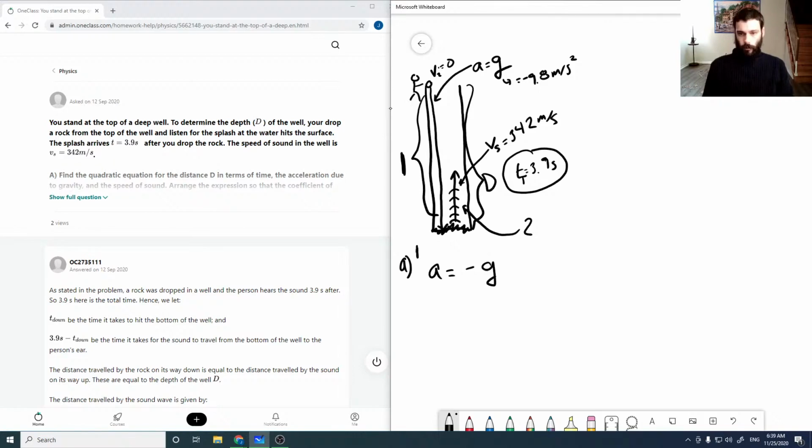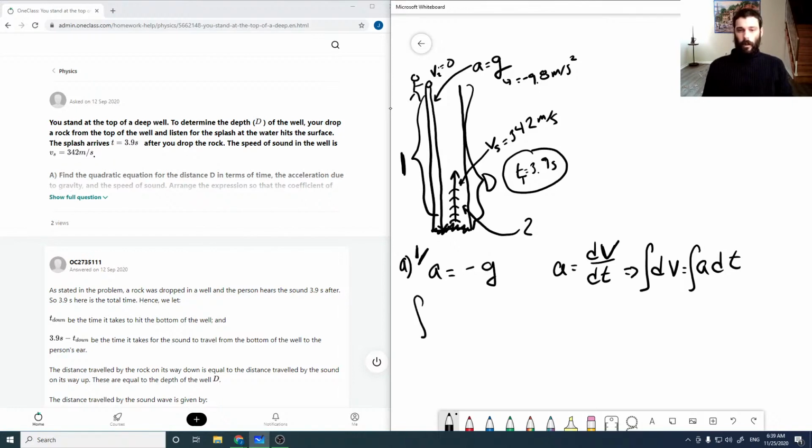So for the first one, the acceleration is minus g, and we're going to use the fact that acceleration is dv by dt, so the derivative of the velocity by time. So that means that dv is a dt, or we can integrate this expression to then get our velocity as a function of time.